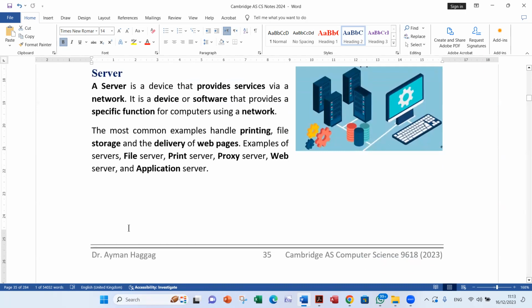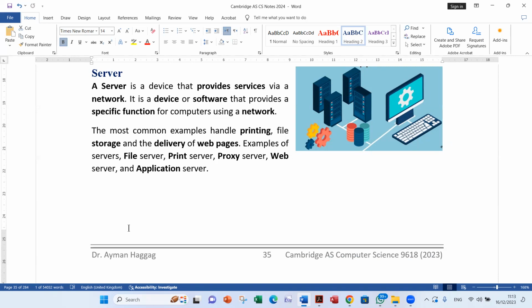What is a server? A device that provides services. Let us first give examples. We have a web server that hosts a website. We have a file server that stores files commonly shared among all users of the network.